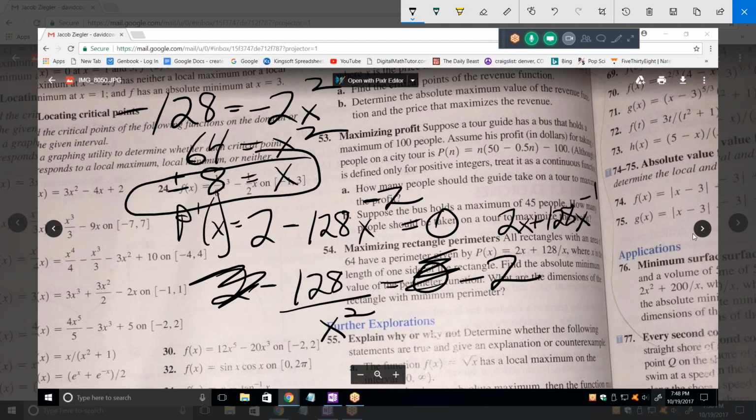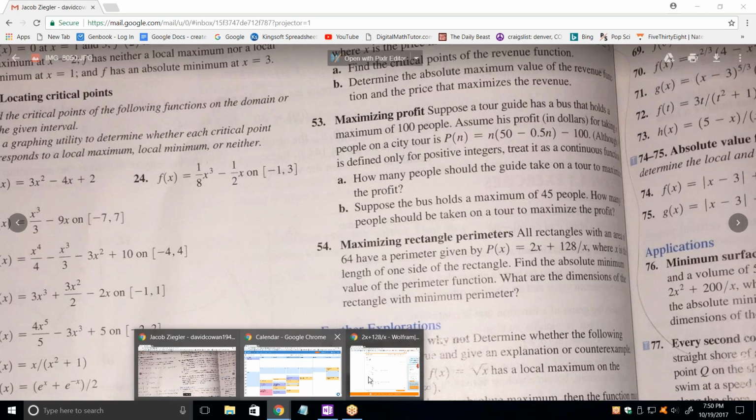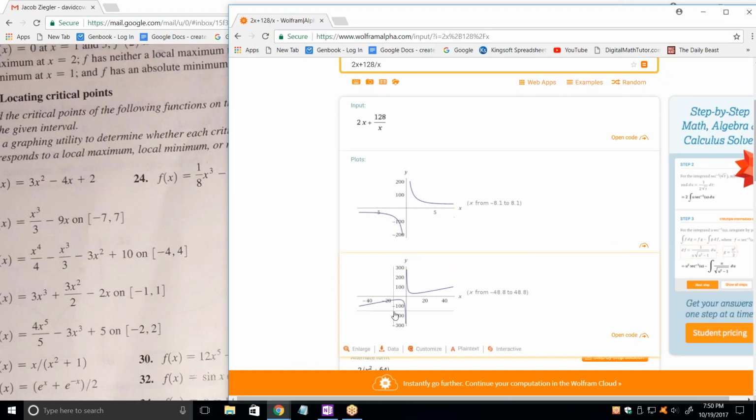If we go back and look at Wolfram Alpha, we can certainly tell which one it is. The minimum clearly comes at the minus 8. Right there. Excuse me, that is not a minimum, that's a maximum. The minimum comes right there at plus 8.